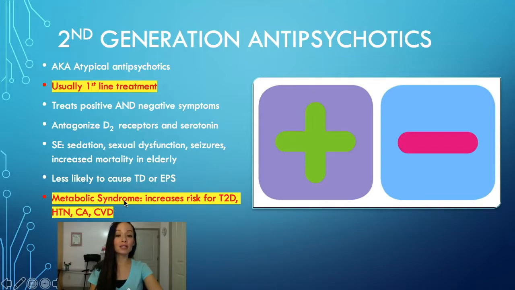What is metabolic syndrome? It's a cluster of disorders, and what happens to these individuals is that their blood sugar will increase, their blood pressure goes through the roof, then they start gaining weight down here, what we call central adiposity. And that is, again, a side effect of second generation antipsychotics. So we need to monitor these individuals. We need to educate them.